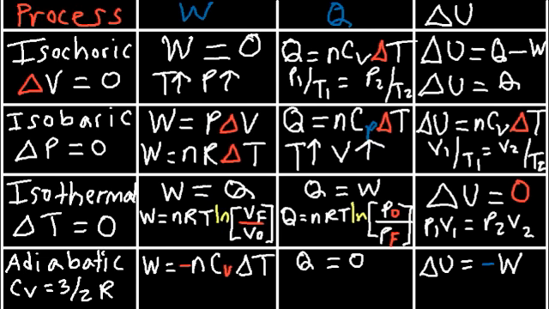For a diatomic gas, we'll talk about what to do in those circumstances later. Make sure you know that Cp is equal to 5/2 times R for a monoatomic ideal gas. So those are the main equations that you need to know for now. There are more equations, but we'll go over that throughout the video.